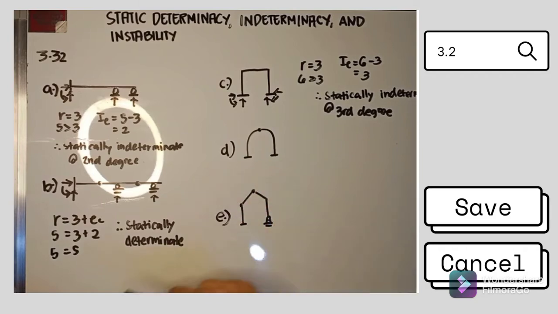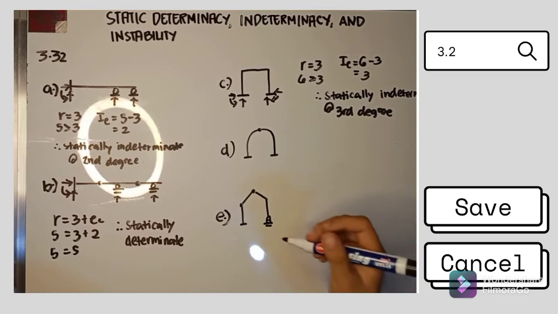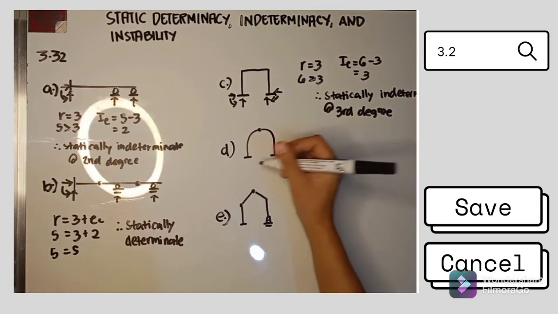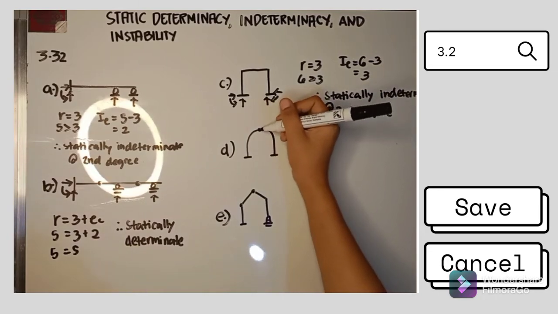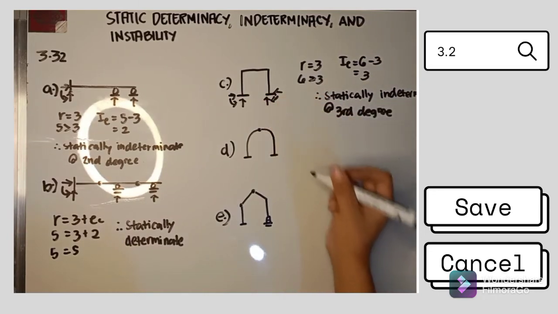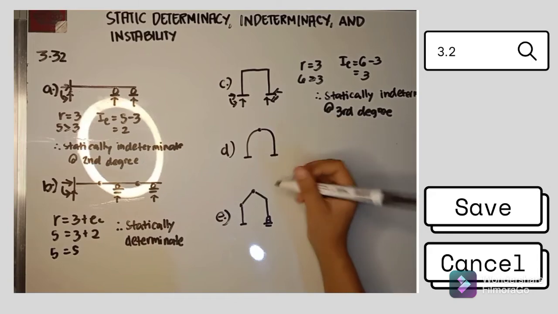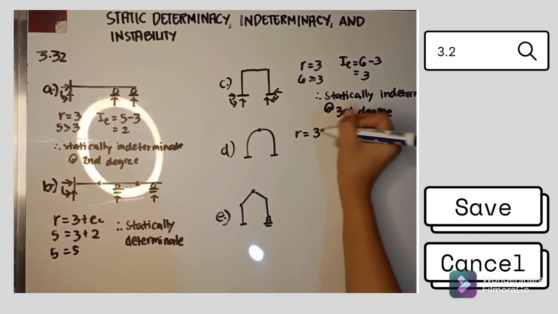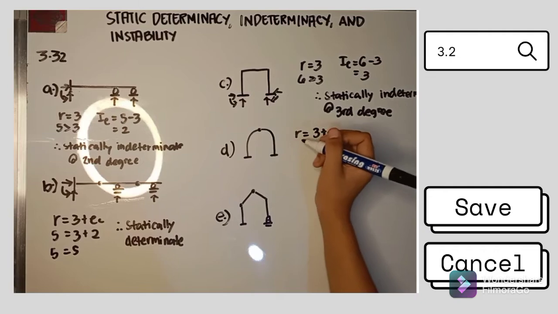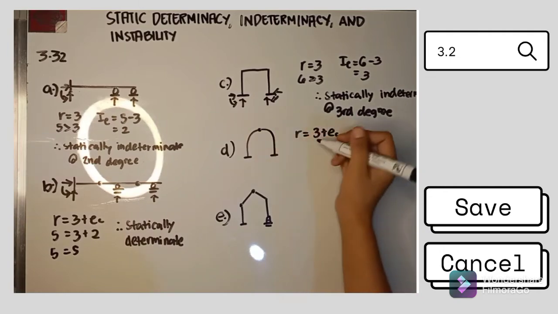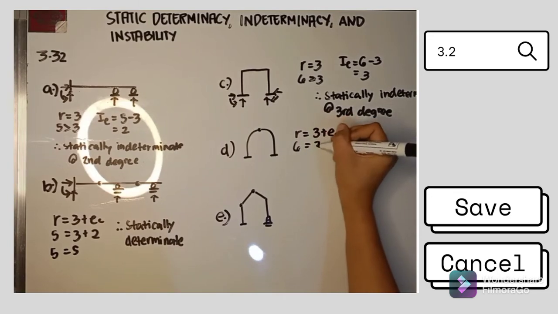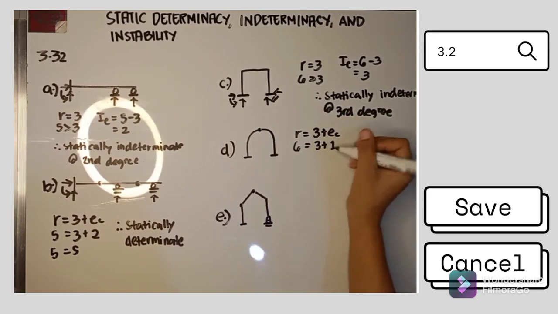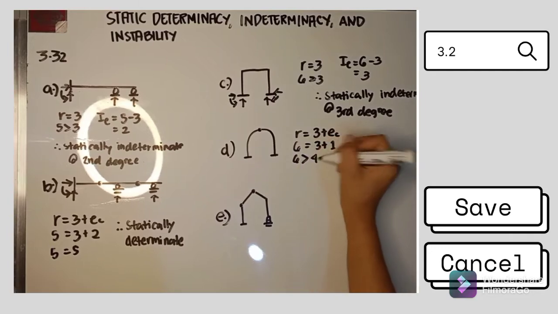And next, for letter D, we have here an arc with fixed supports at points A and B, and one internal pin or hinge. So, R is equal to 3 plus EC. The external supports, since fixed, give 6, compared to 3 plus 1 EC. So, 6 is greater than 4.